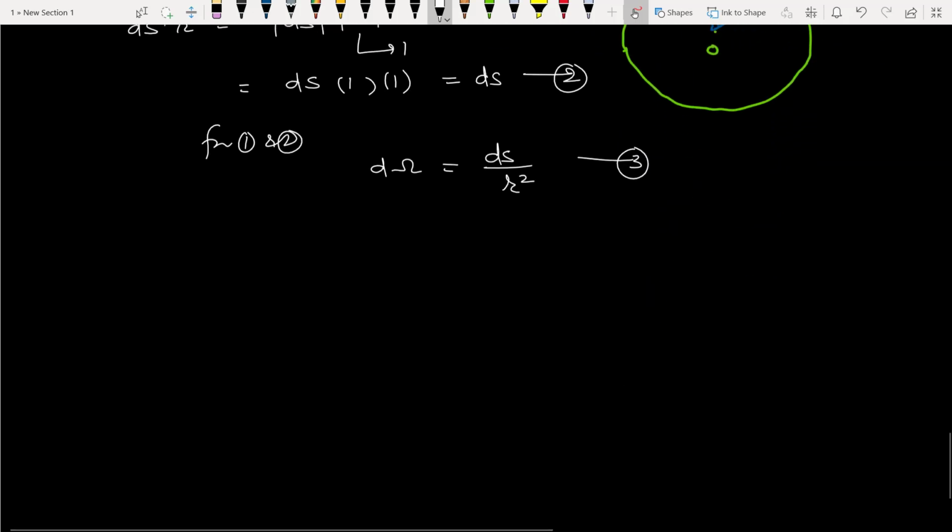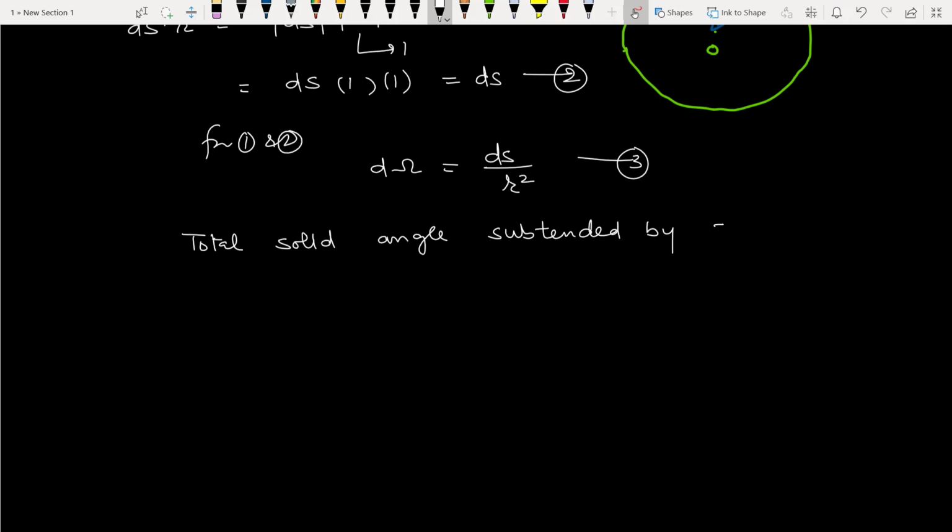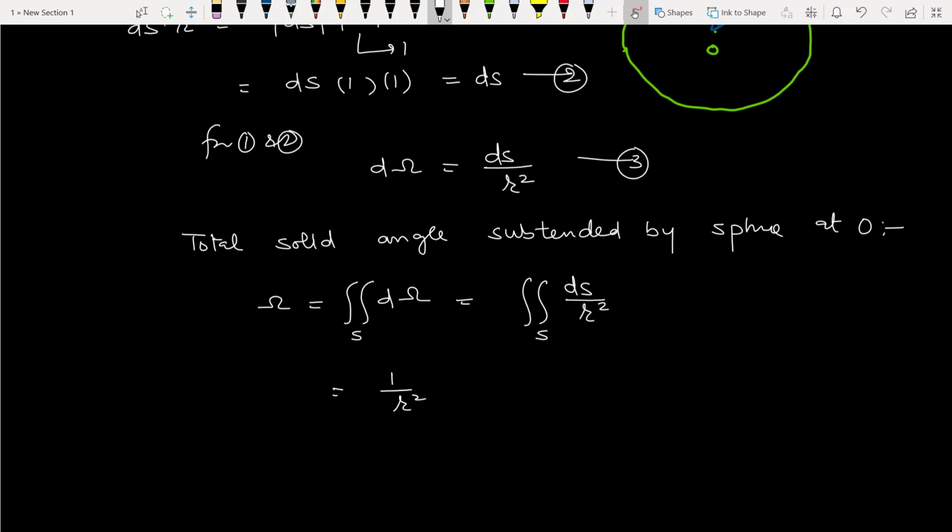So total solid angle subtended by the sphere at O can be obtained by integration. As it is a surface area, the integration will be a surface integral. R is constant, the radius of the sphere, so it comes out.